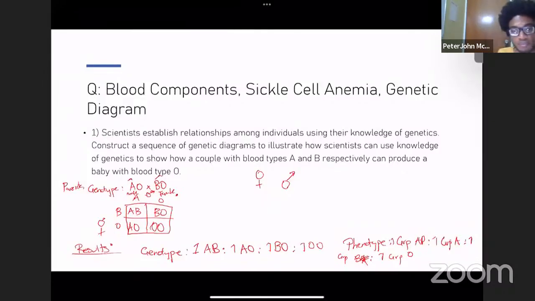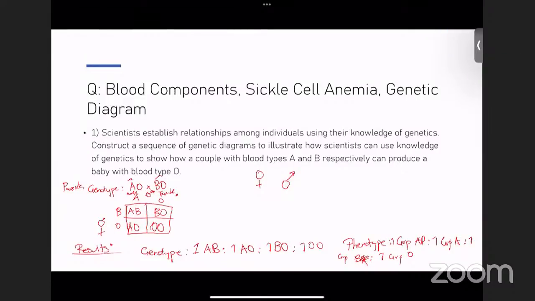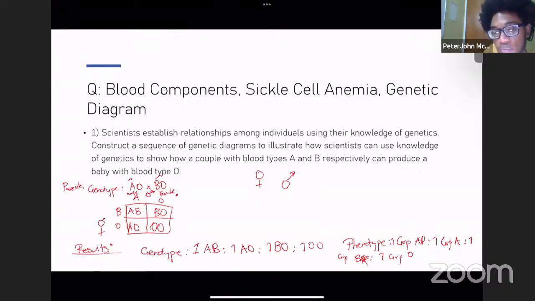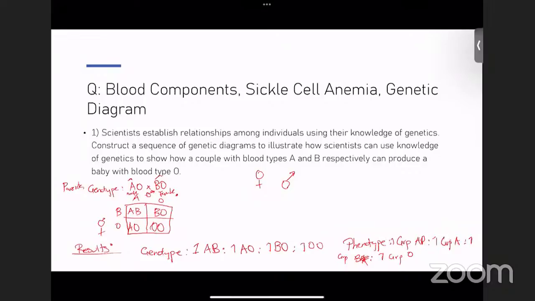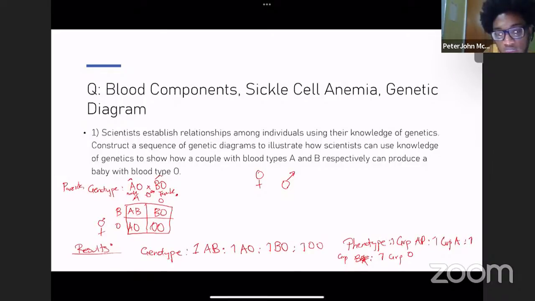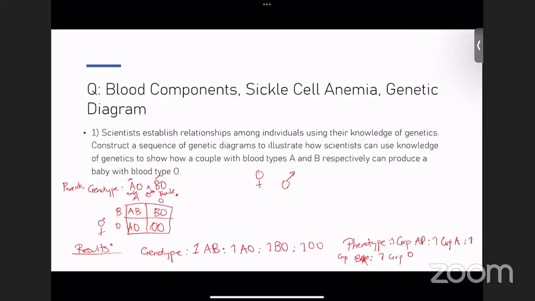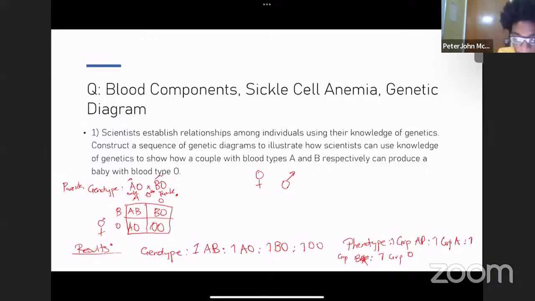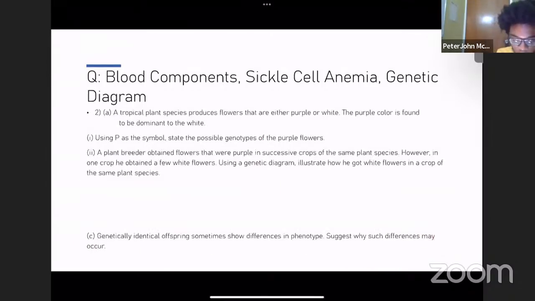Everybody good? Yes. So you normally have like a 25% chance. Yeah, 1 out of 4. Perfect. All right, so we finished that question.